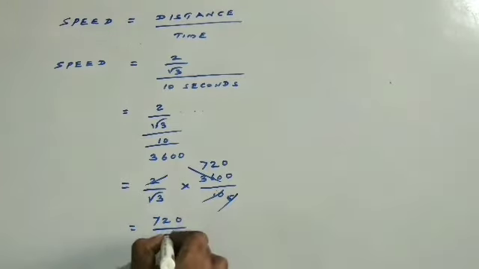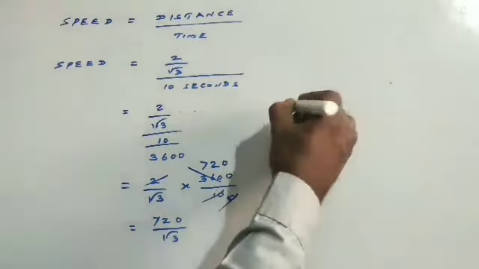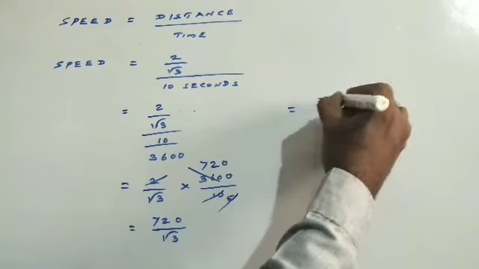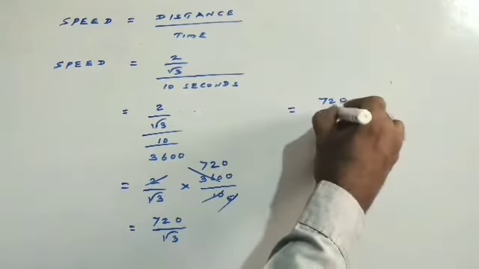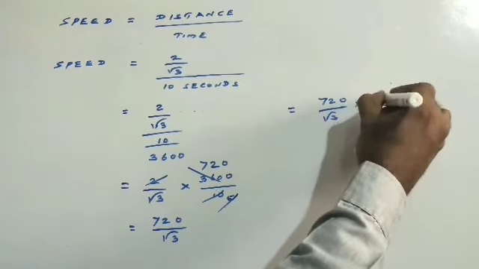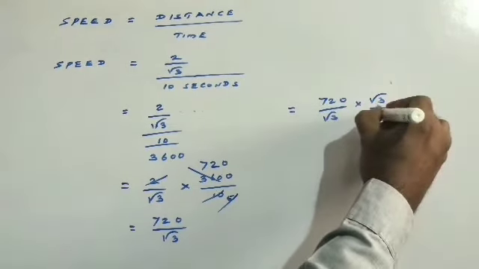In the denominator root 3 is there, so you are going to multiply by root 3 both the numerator and the denominator. 720 by root 3 into root 3 by root 3.